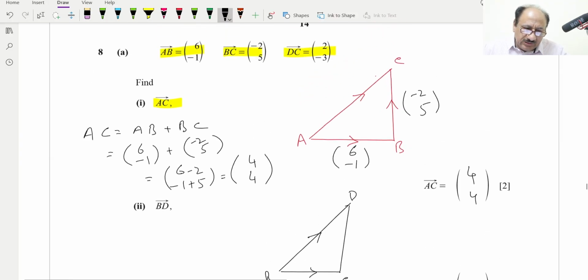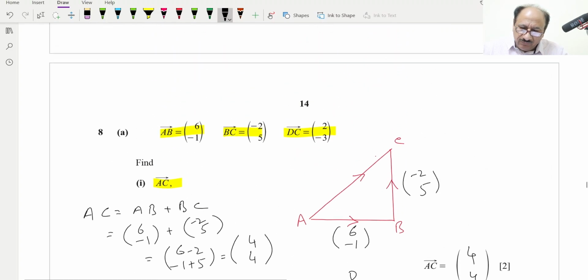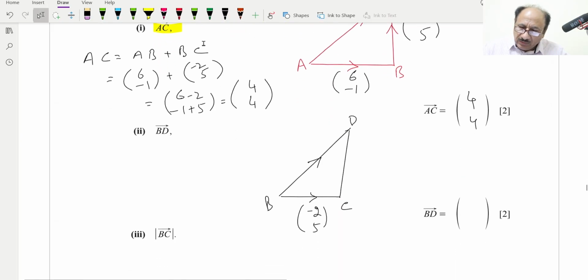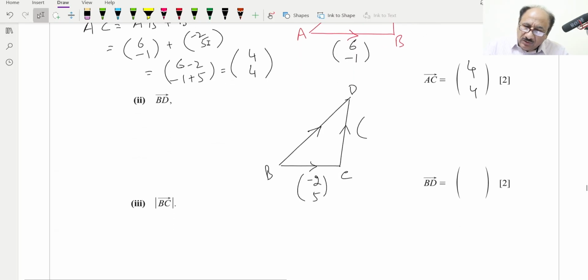We have BC, which is minus 2 and 5, so minus 2 and 5 will be this, and the other side DC, which is direction 2 and minus 3. We need CD, so we will change the signs, which is minus 2 and 3. We have changed sign because we need the opposite direction.